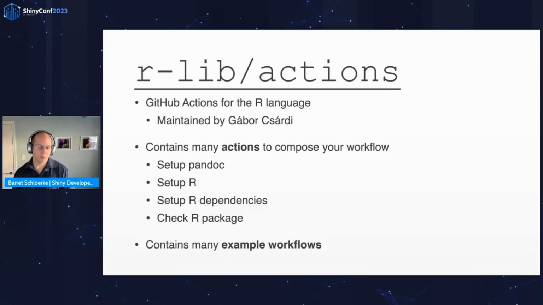The repo will also contain many example workflows. If you're checking your R package, check out the standard workflow. That standard workflow is good for a solid 90% of packages. You don't need to do too much because you don't have too many different things. But if you find yourself to be a core package or an underlying package that needs to work on everything, you can look at the full example to test on all the different platforms.